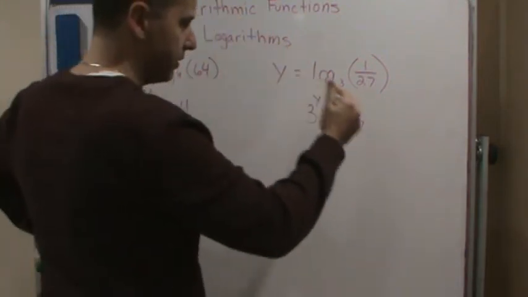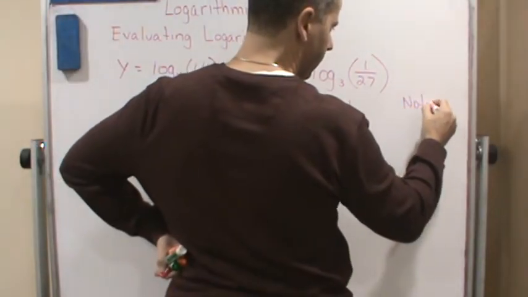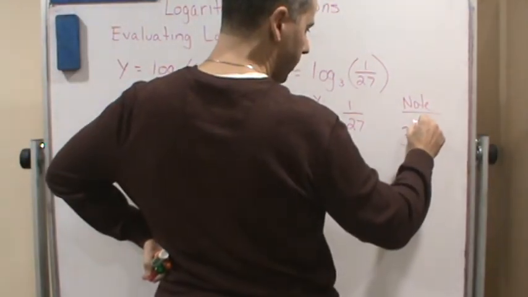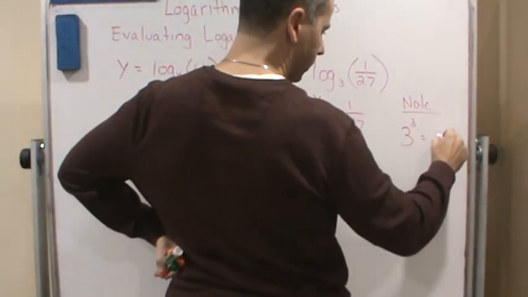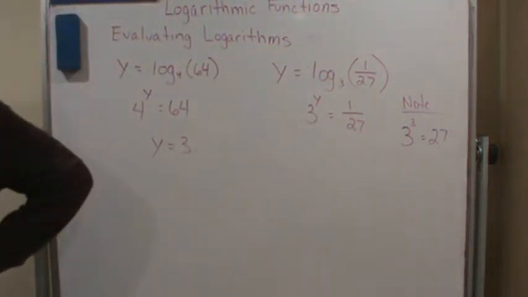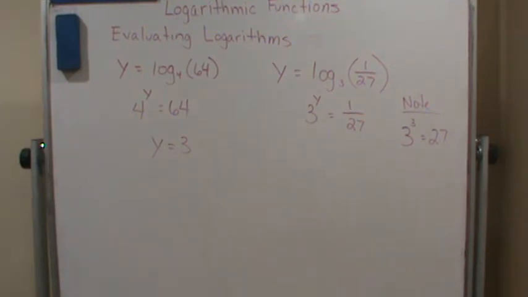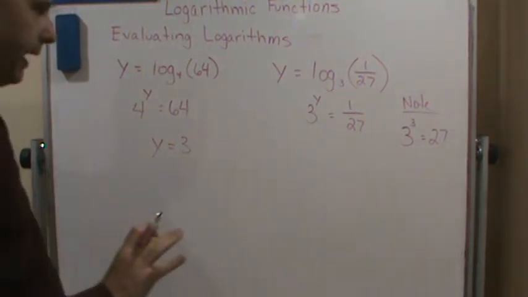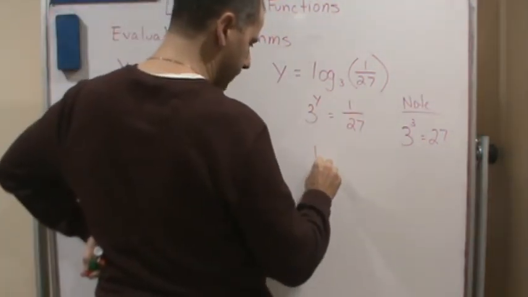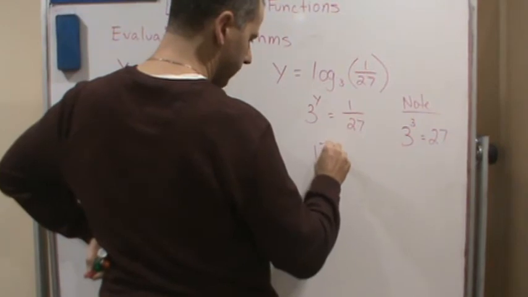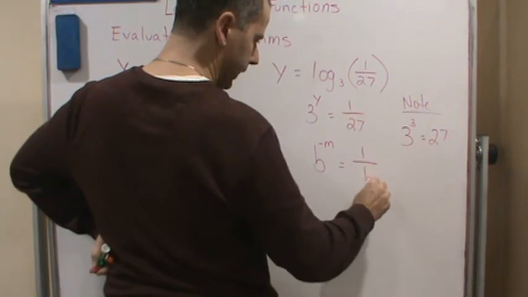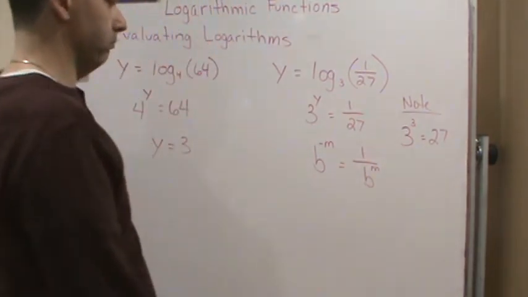Note, we know 3 to the third power equals 27. But if we know the properties of exponents, one of the properties is that b to the negative m is equal to 1 over b to the positive m.